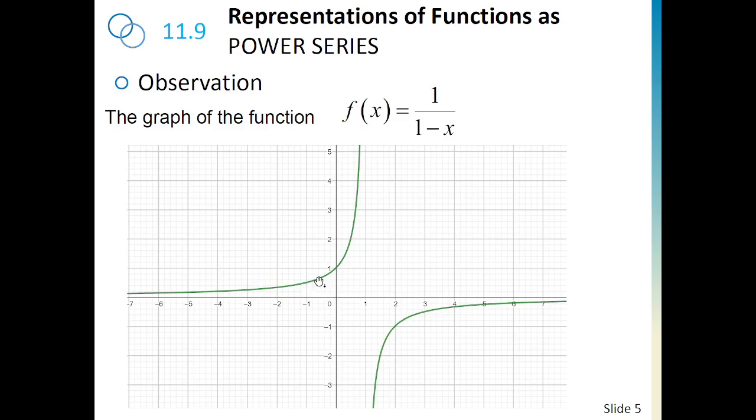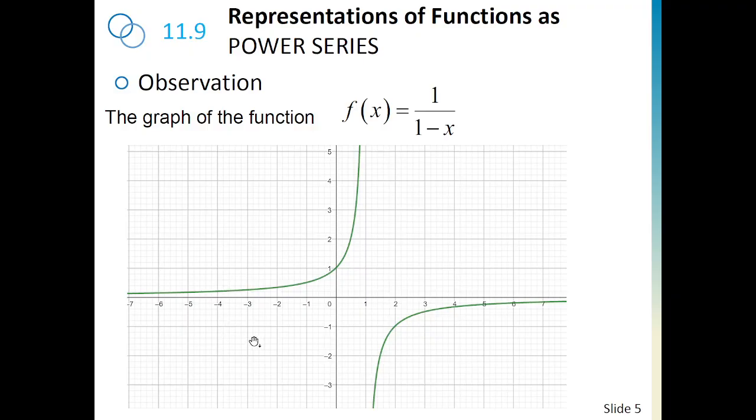That means this branch here represents the function between -1 and 1, and also it is the sum of the series itself. The series lives for values of x between -1 and 1, and it's equal to this thing here. Outside of the interval -1 and 1, the series is divergent, so the series doesn't even exist. But the function is fine, so that's what we need to realize.